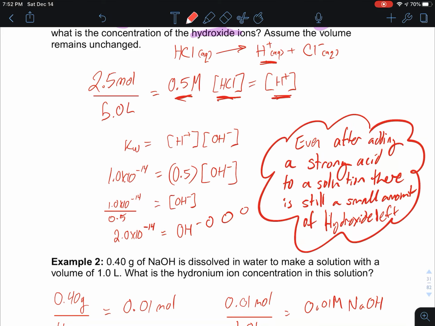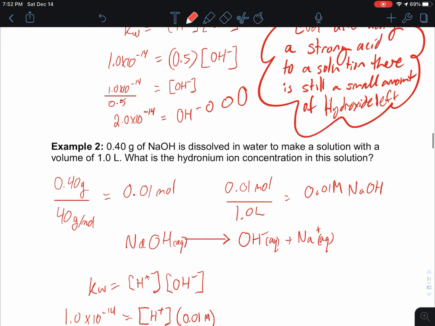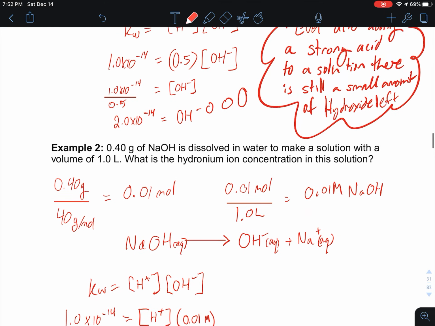So it doesn't absorb all of the hydroxide from that water because it's in equilibrium, because water is essentially acting as a very weak acid and base.